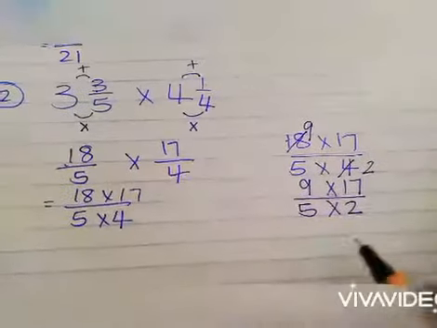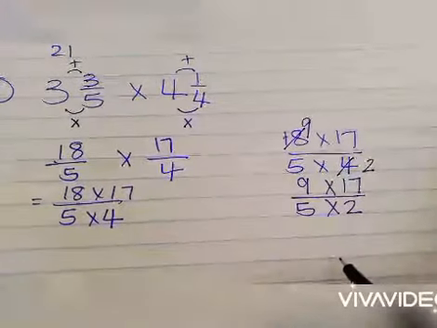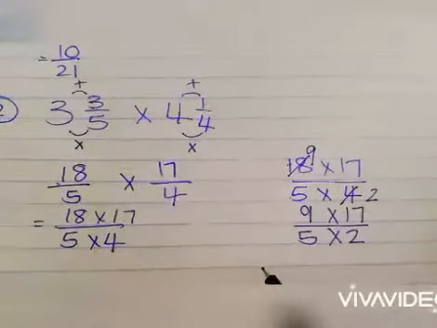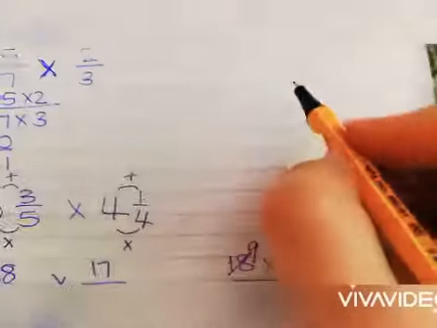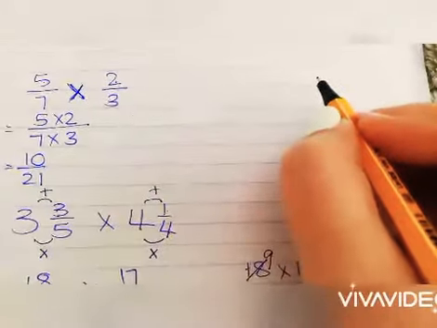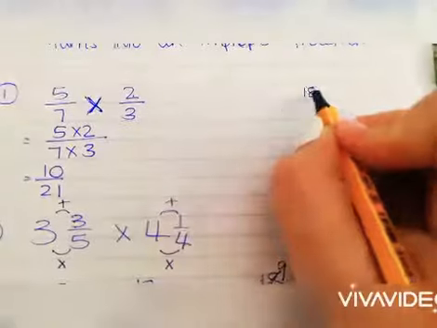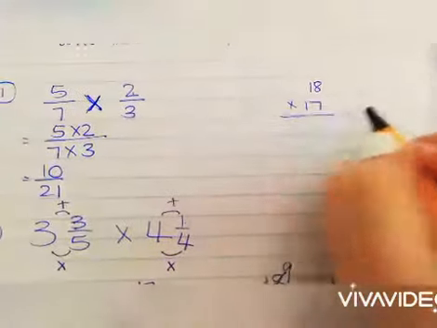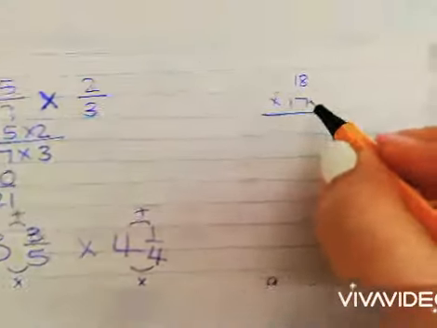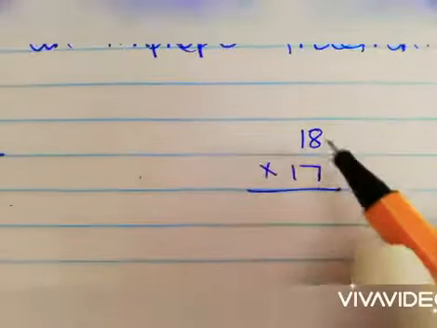Okay, and then just as a reminder of how you do your multiplication, let me do it on the side here. So we've got 18 times 17. Okay, so you're going to take 7 times 8.